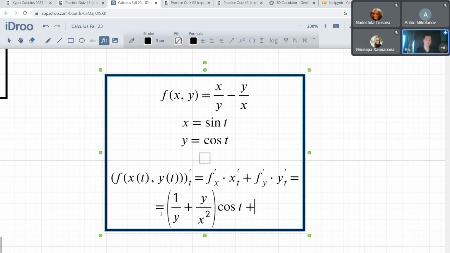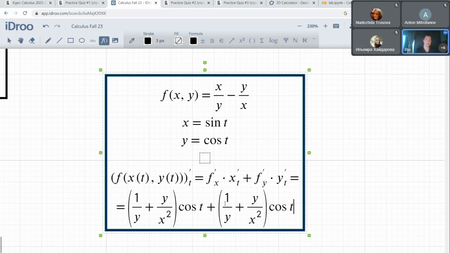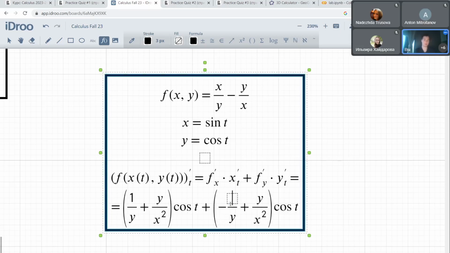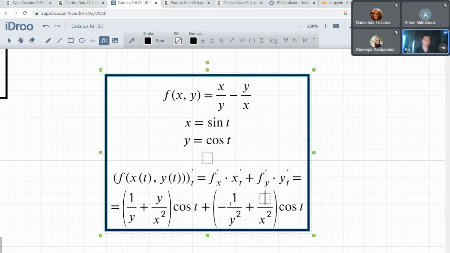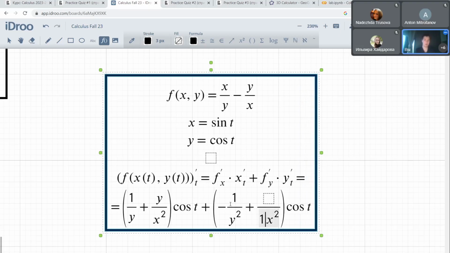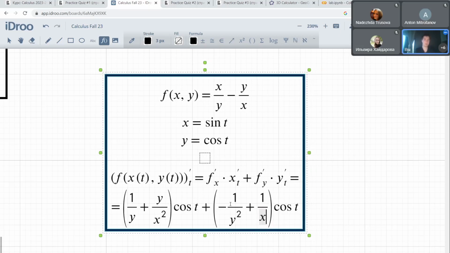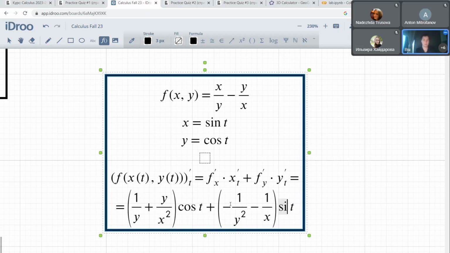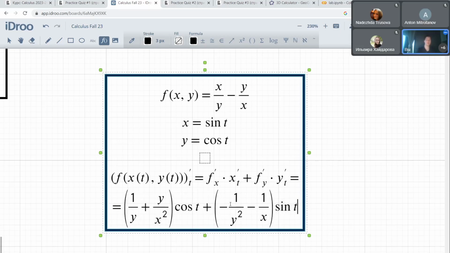And the same story will happen with the second term, but now we'll get minus 1 over x, something like this, with minus and with sine. So we can compute the formula for this derivative using the chain rule.